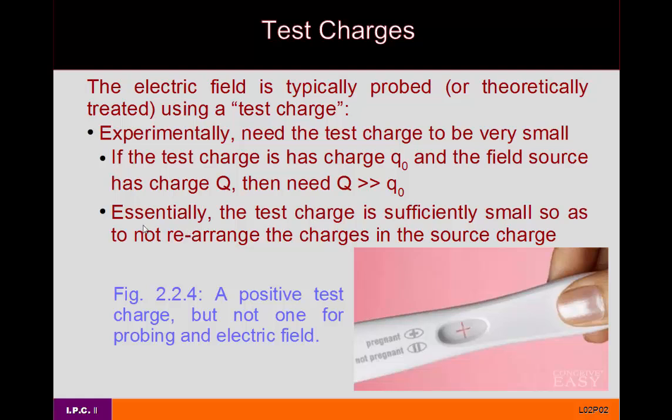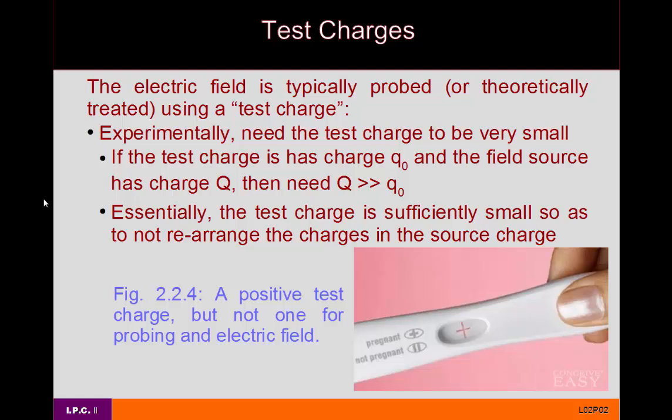This means that the test charge is sufficiently small that it doesn't rearrange all the charges from the source charge itself. For example, if your source charge is a large charged conductor, all of the charges are sitting on the surface of that conductor.